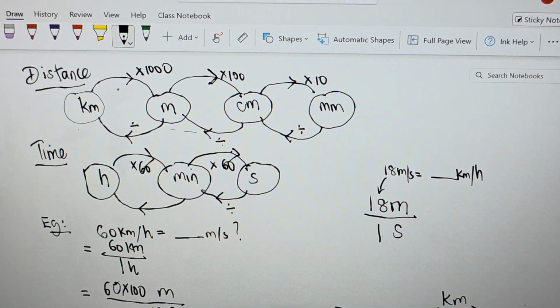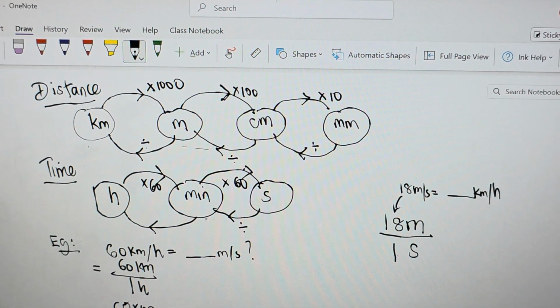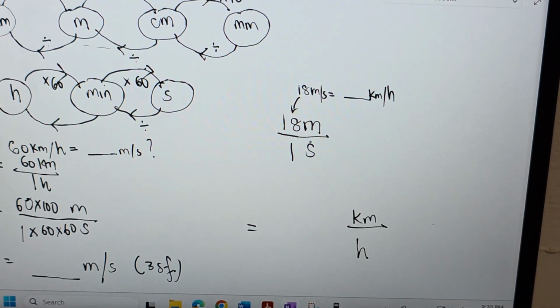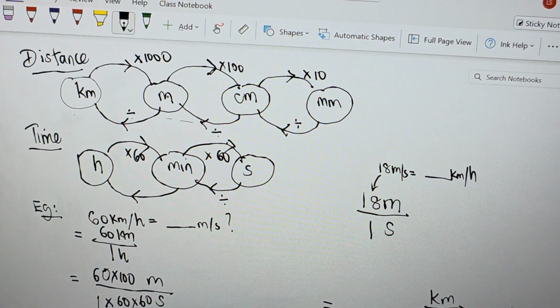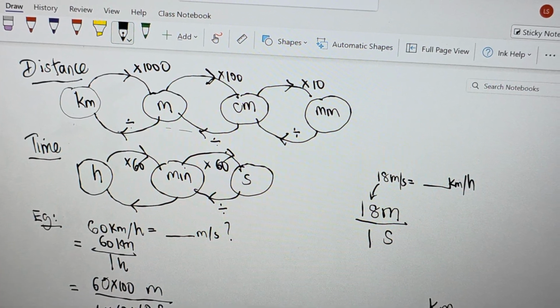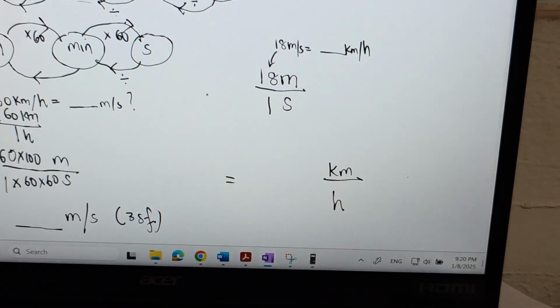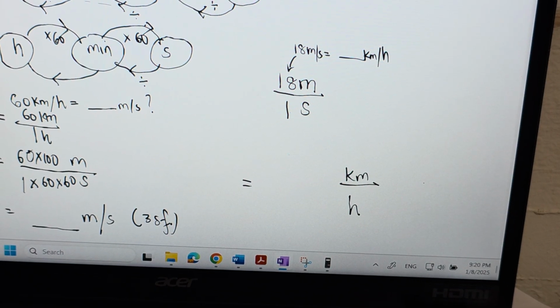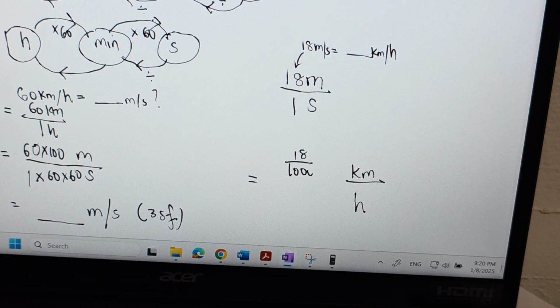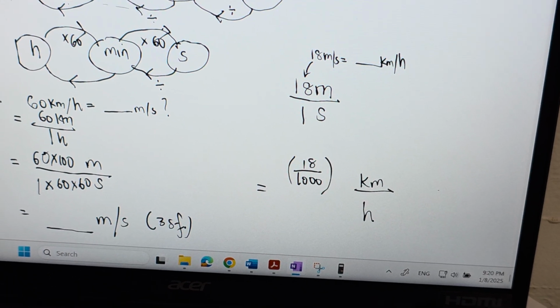If you don't have this diagram, it's very difficult to visualize in your mind. So I strongly recommend that you have this in your national exam. You want to go from 18 meters this way, so you have to divide by 1000 to get your kilometers. So you take 18 and divide by 1000. Here you must be very careful.